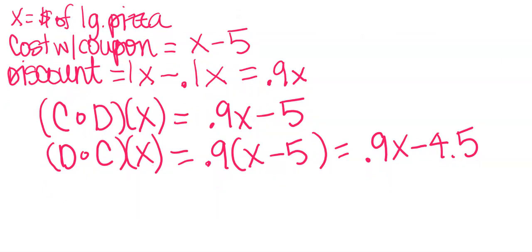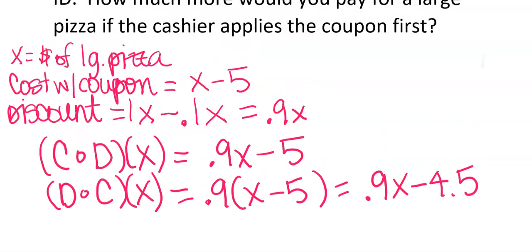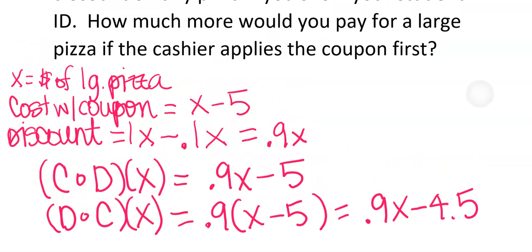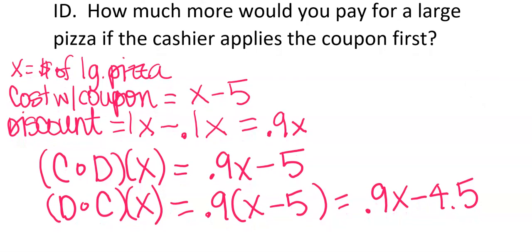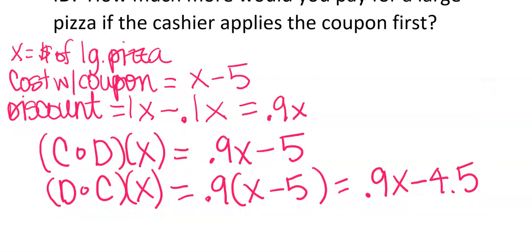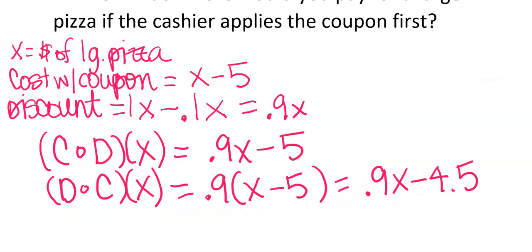Like I said, they haven't given us any numbers, but the question says, how much more would you pay? That means subtraction, if you get the coupon first. Okay, so which one was the coupon first? The bottom one, because you have to put the coupon into the other one.